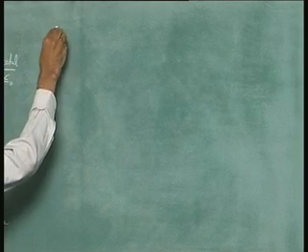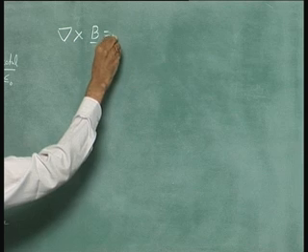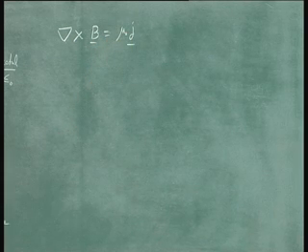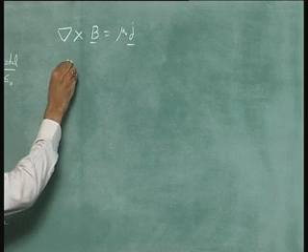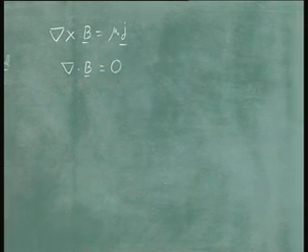Then we went to magnetostatics, and when we went to magnetostatics, the picture was exactly reversed. We found that we could write curl of B was equal to mu naught J, and we could write divergence of B was equal to 0.